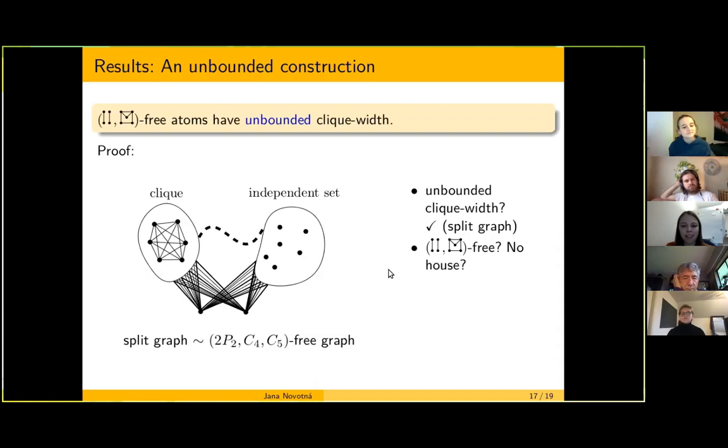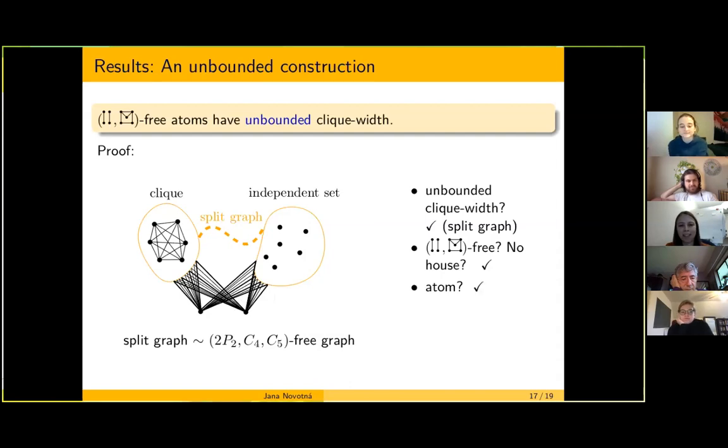Okay, and the last question is: is it an atom? To prove that it's not an atom, you would like to find a clique which disconnects the graph. But here you see that you need to remove both these vertices to disconnect our graph. So it's an atom.